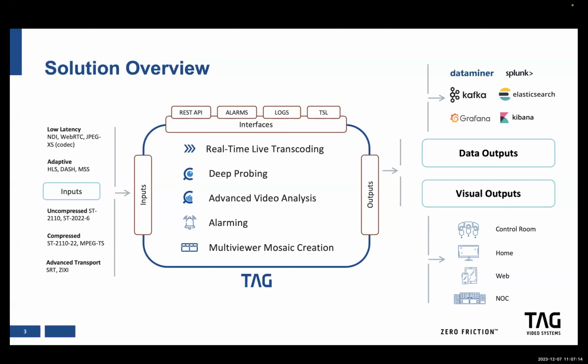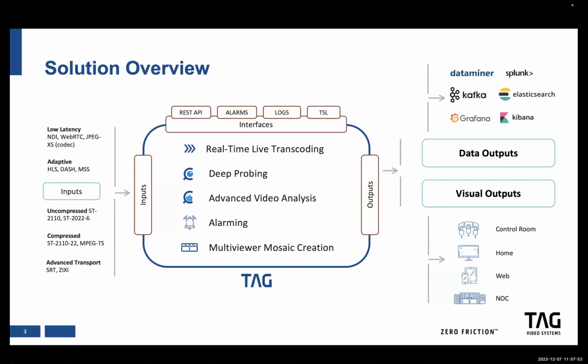Those formats are everything from uncompressed video streams, 2110, 2022-6, low latency streaming such as NDI, WebRTC, JPEG XS, of course compressed MPEG-TS, ABR, and very important to this conversation, all the different technologies for advanced and secure and reliable protocols such as SRT and of course Zixi. And the full list of all the different codecs and protocols that we support is available on our website. You can see just a subset of those on this slide.